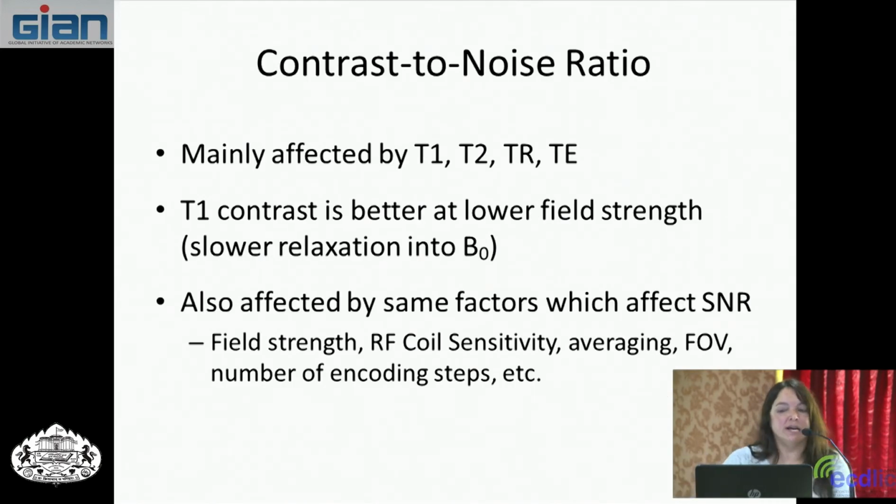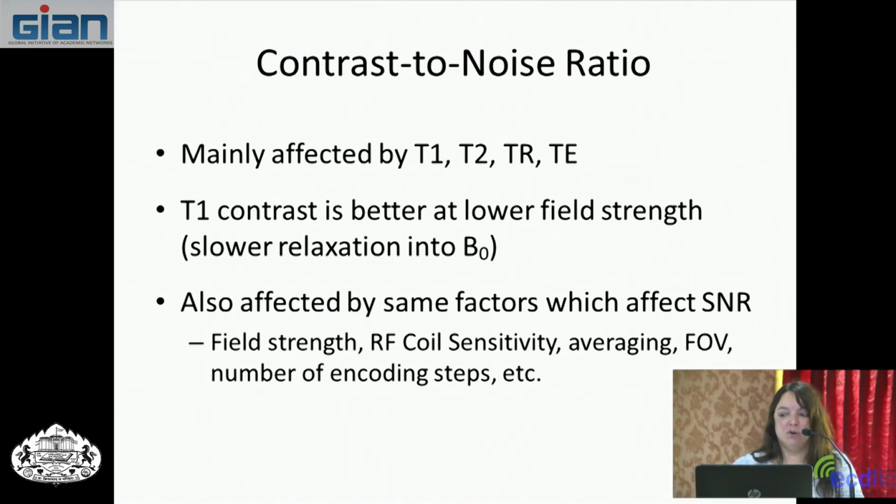Another thing that's looked at is the contrast to noise ratio. Again, these are affected by the parameters of the tissue and the parameters that we set. T1 contrast is better at a lower field strength because we have a slower relaxation into the B0 plane. The higher our magnetic field, the faster it's going to pull those atoms back into the field after we send our RF pulse.